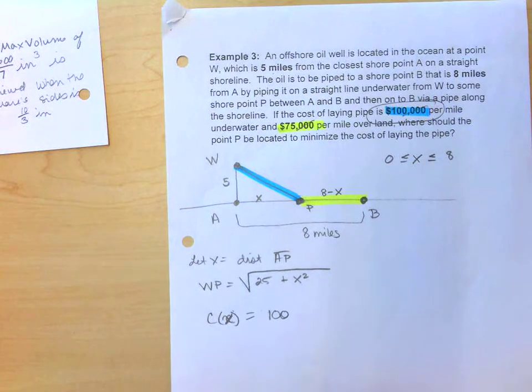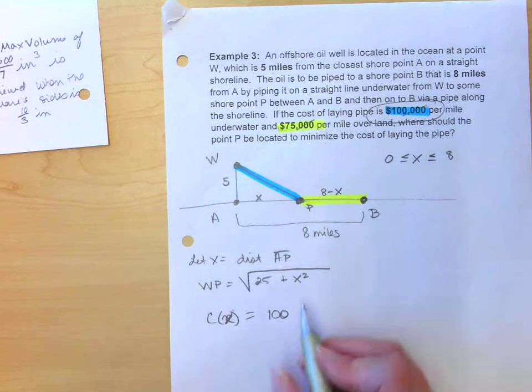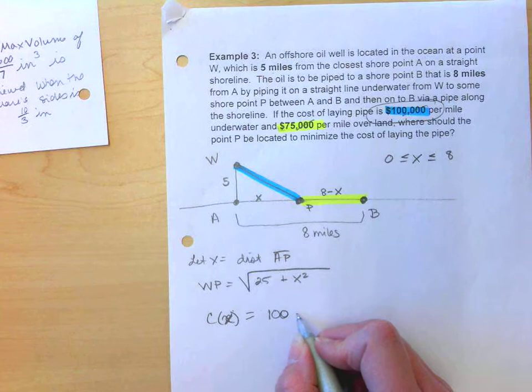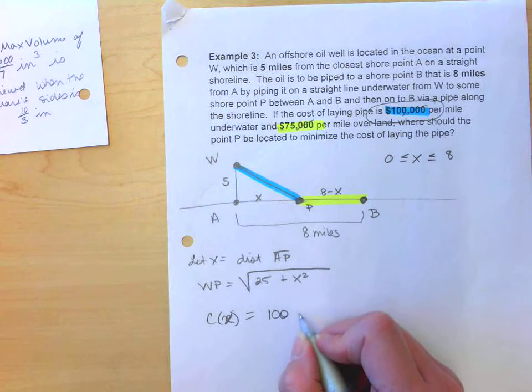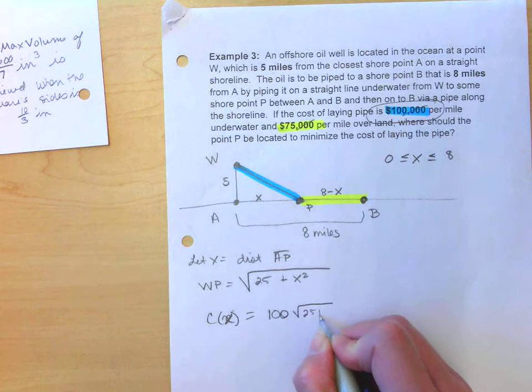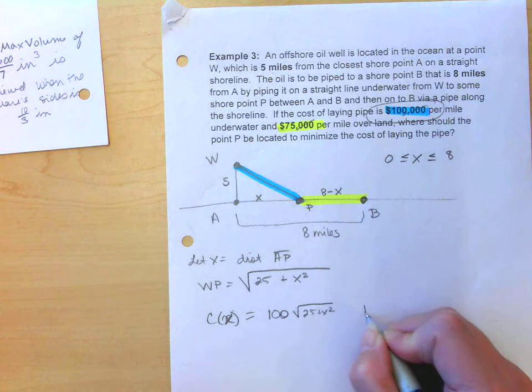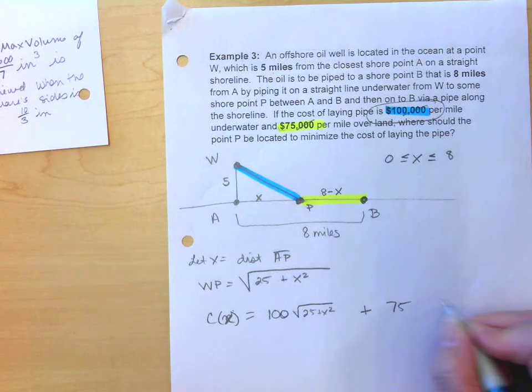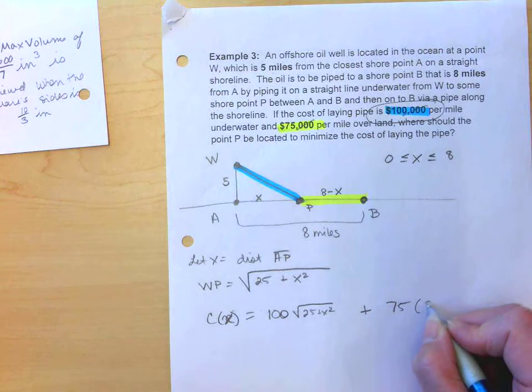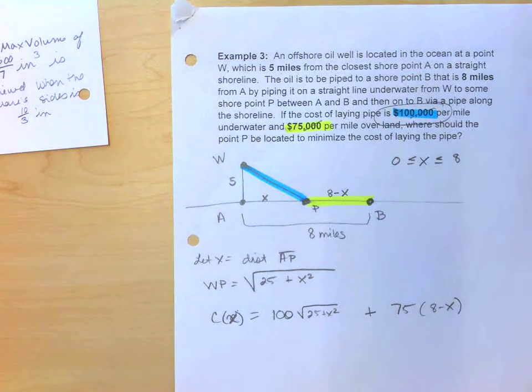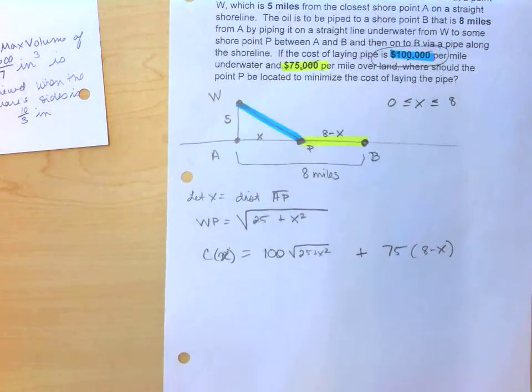So the cost is 100 times the blue length, the square root of 25 plus x squared, added to 75 times the yellow length, 8 minus x, and there's our equation.